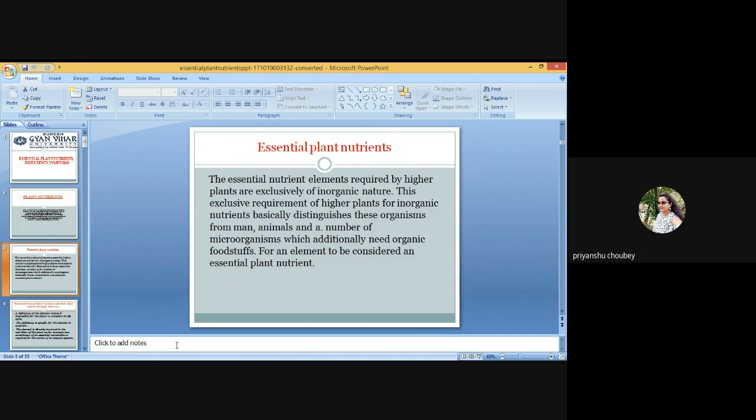Third group, redox agents. Iron, copper, manganese, and molybdenum are redox reagents. All these elements function in their ionic forms, and they exist in multiple valency states. Because of the variable valency state, they can participate in the oxidation and reduction process. For example, iron exists as ferrous and ferric.